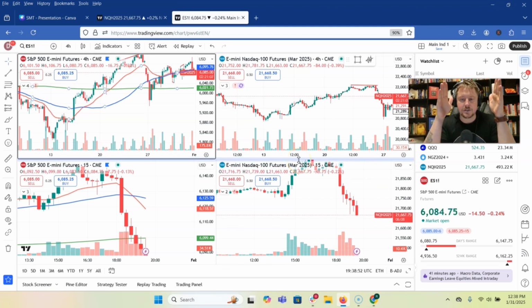But an SMT divergence is just when the two pairs that are correlated happen to not correlate at the same time. What does this tell us, and why is this a big indicator? Well, this tells us that the market makers, the big money, have kind of chosen to put more of their money, or there's a bigger move happening, and it's a signal that money is going into one or the other, right?